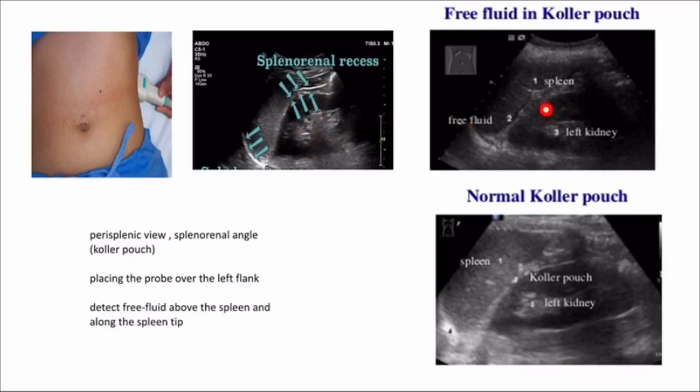And this is an example of a positive fluid collection in the splenorenal angle. Notice the thin line of anechoic focus, which also constitutes a positive FAST in this setup. So again, this is the normal static image of the normal Koller's pouch or splenorenal angle.